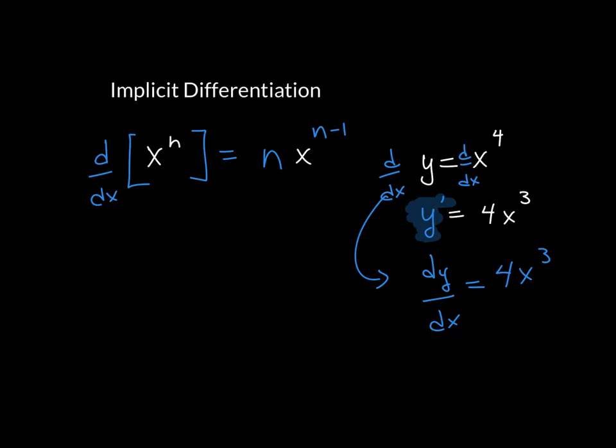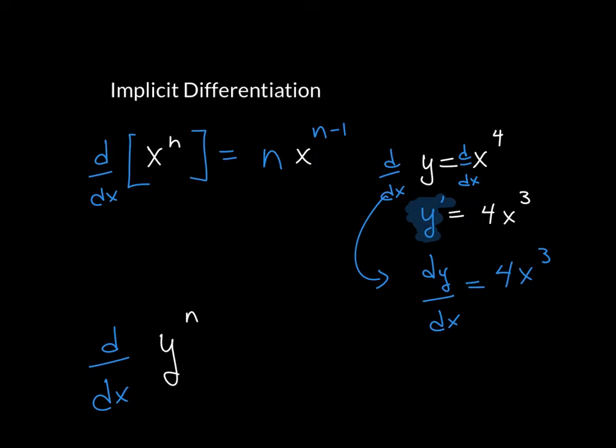Now, what if I had y to the n power, but I wanted to take the derivative with respect to x? You already saw the derivative of y with respect to x is equal to dy dx. But now this is not just y anymore, it's y to the nth power.